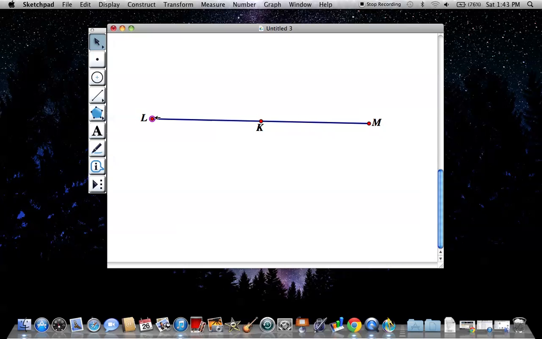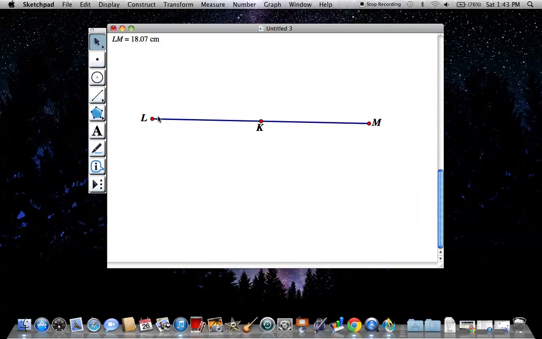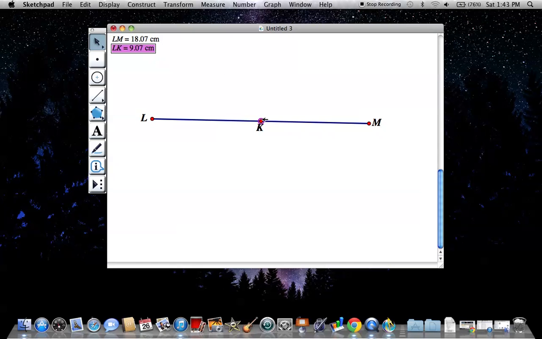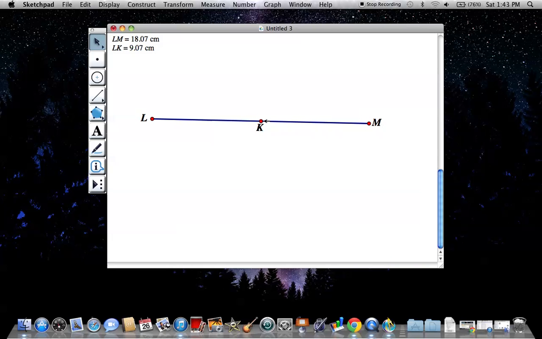So I'm going to find the distance for LM. Construct, or measure, distance. The distance between L and K, I need to know it. And the distance between K and M. Alright.